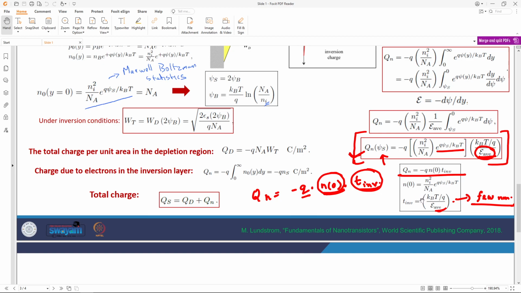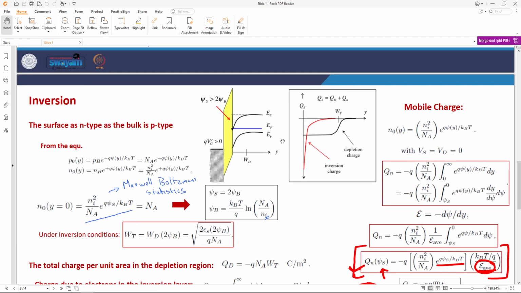It is not the exact distance at which the inversion layer begins or ends, but it is an estimate.